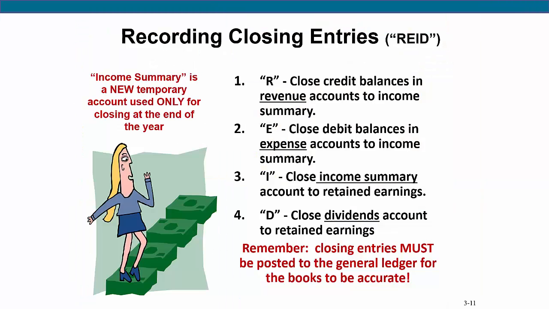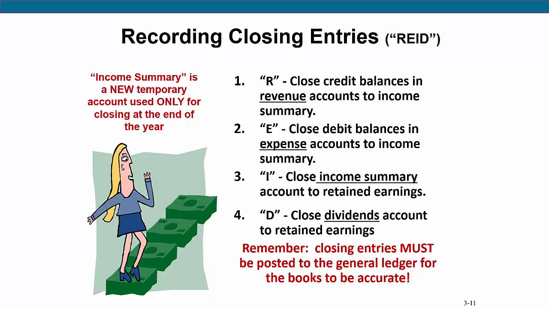Here then are the 4 steps we always follow in the closing process. I suggest you memorize them. I remember these steps by using the acronym REID, R-E-I-D, for revenues, expenses, income summary, and dividends. The entries actually start with revenues and expenses on the income statement, then move to the income summary account, and finally pick up dividends.